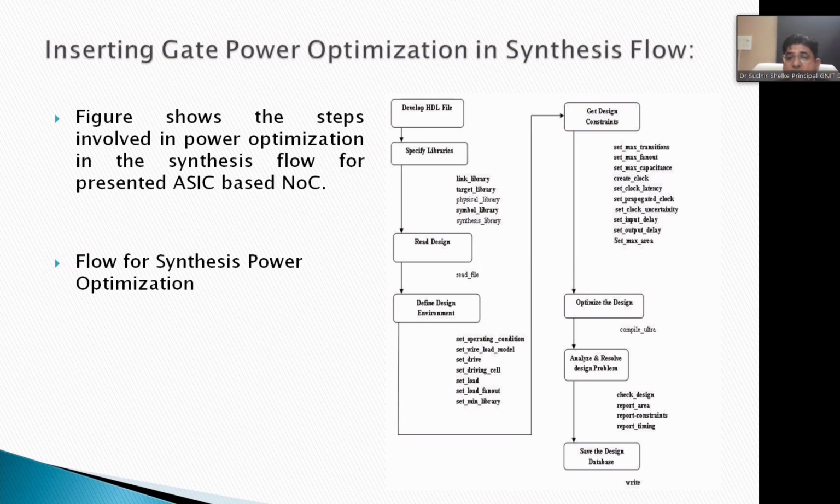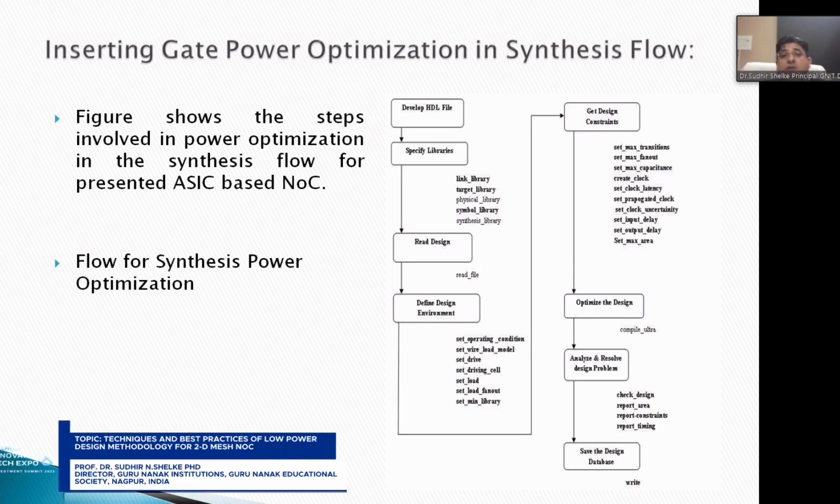Report constraint shows the power constraint and the timing constraint. Timing constraint is always used for the operating frequency and operation of the chip, and ultimately the area, timing and power are estimated, that is, the power, area and timing requirements to design the SOC or NOC or any sort of chip.